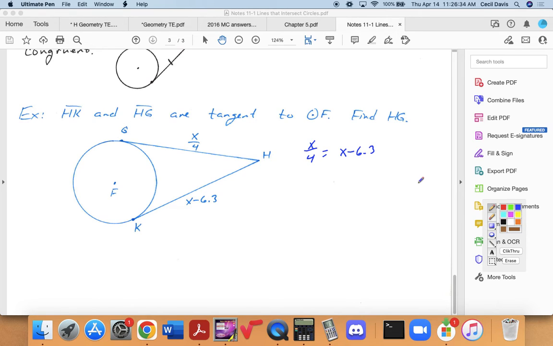Multiply both sides by 4 to get rid of the fractions. So that's x is equal to 4x minus 25.2. So negative 3x is equal to negative 25.2. So x is 8.4.